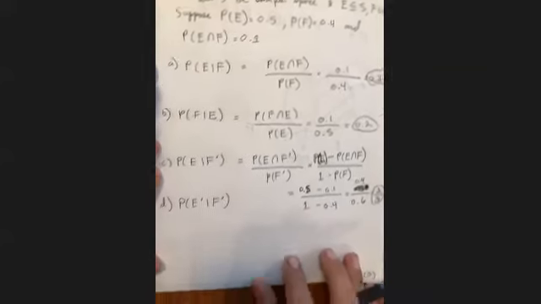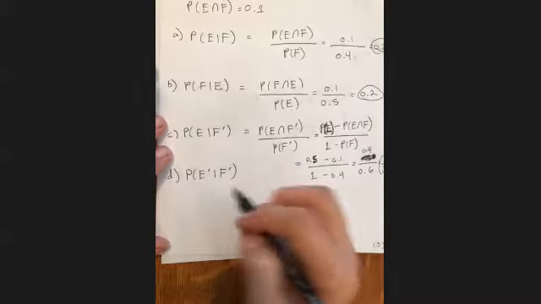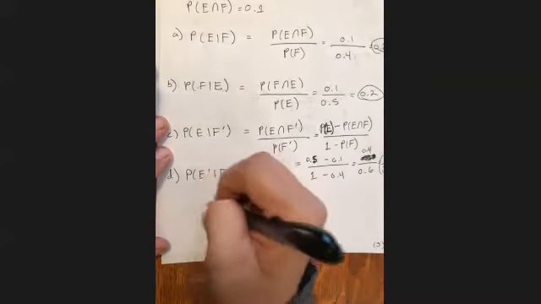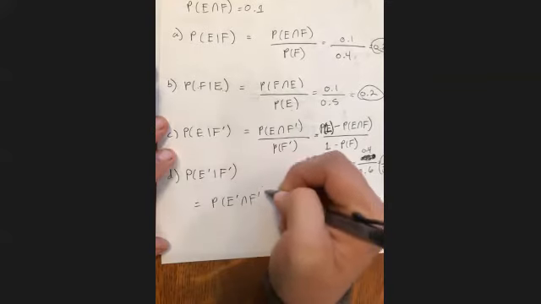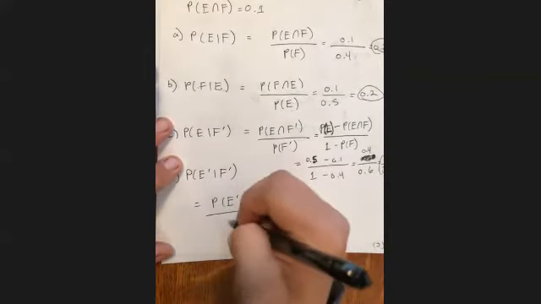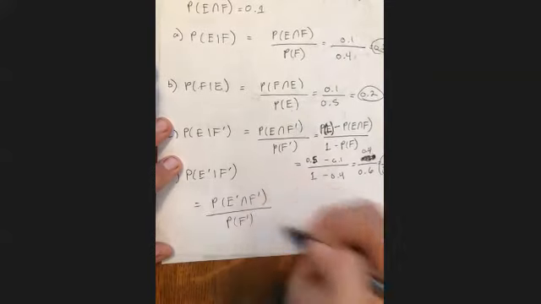Finally, we're asked for the probability of E complement given F complement. So that would be the probability of E complement intersect F complement over the probability of F complement.